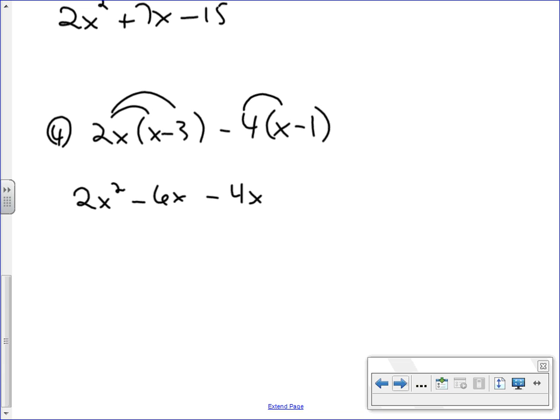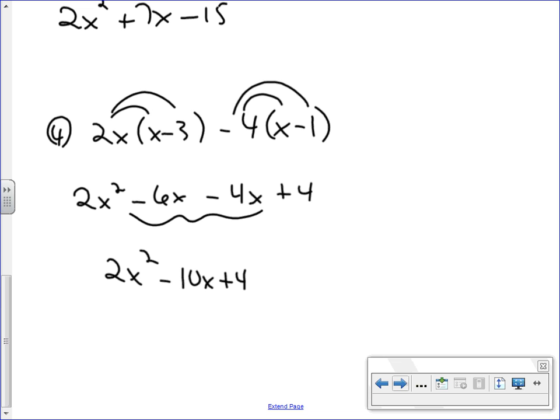And this is a minus 4 times a minus 1, which becomes a plus 4. And that plus right here is the thing that people miss the most often. So you need to watch out for your signs. And then again, we often have some things that add together, and our final answer is 2x squared minus 10x plus 4. Make sure you recognize that that's a minus 6 minus 4, not a plus 6 minus 4.